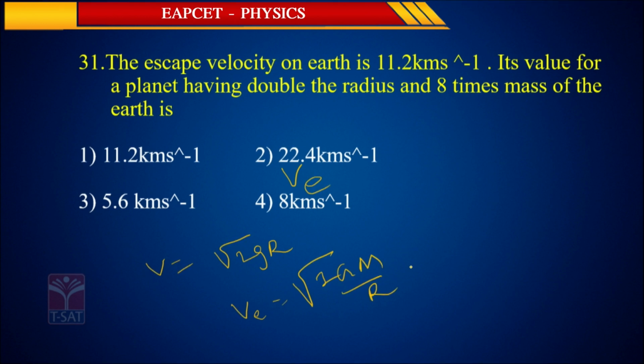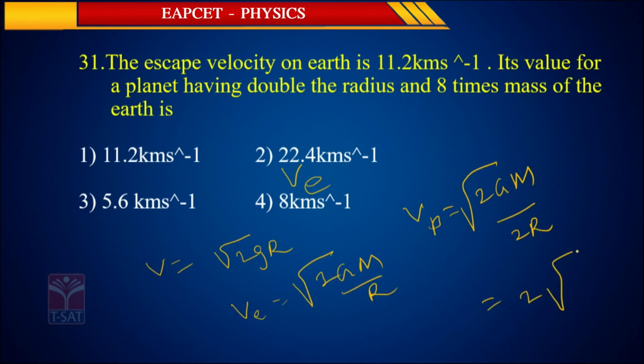Suppose you take one planet, the same formula you apply. Here Vp is equal to the under root of 2GM/2R. Substitute the values for a planet having double the radius.